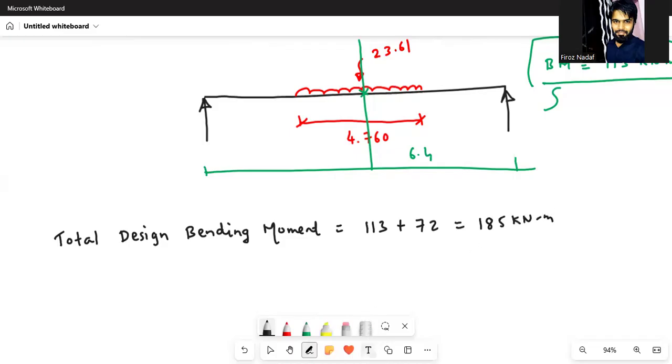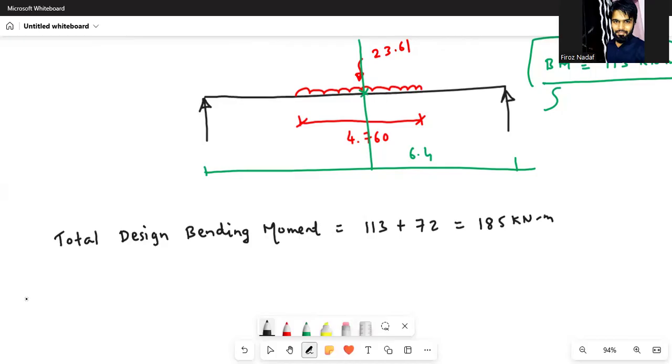But we are not interested in total design bending moment. We are interested in total design ultimate moment, and that is given by IRC 112. That total design ultimate moment will be considered for the design of the slab.